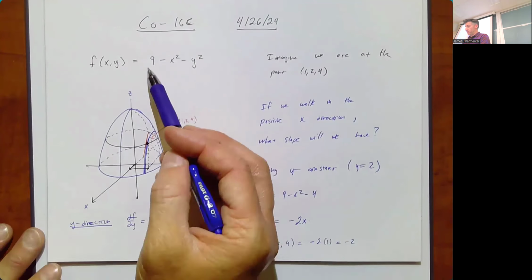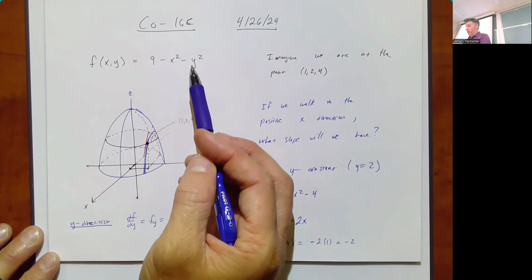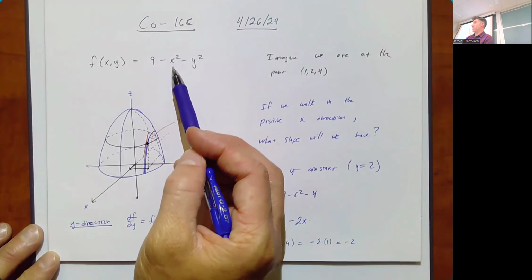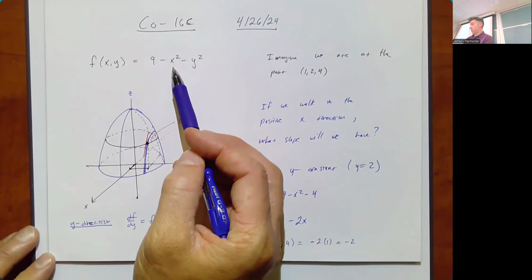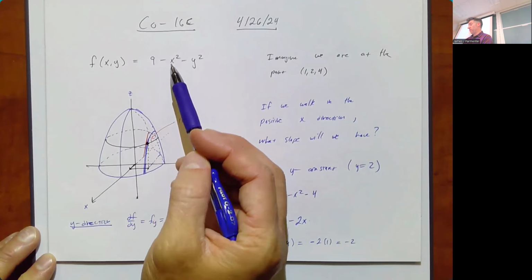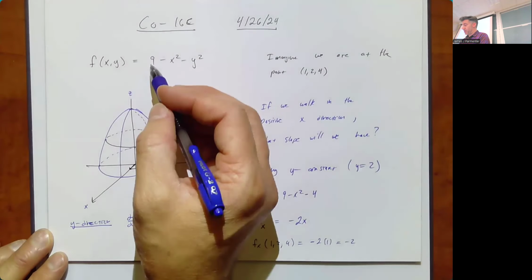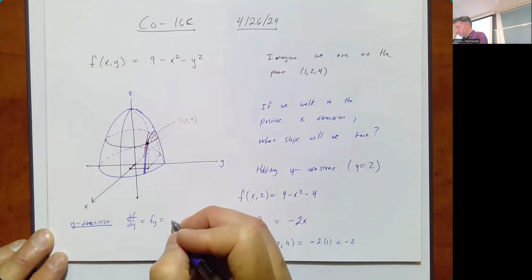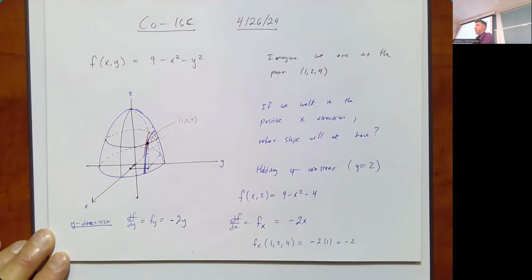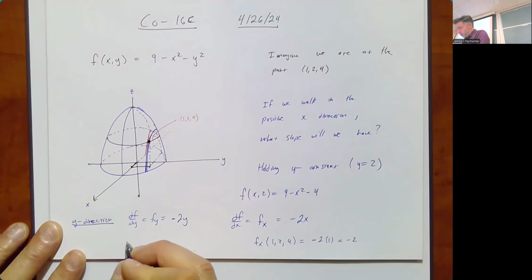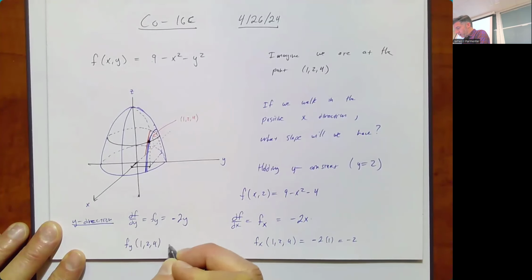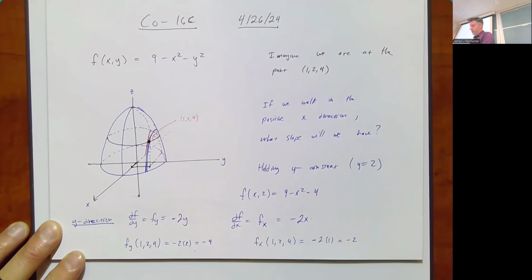If I look at this function and say, okay, x is acting like a constant now, we're holding x constant, so whatever x happens to be, the derivative of x squared is going to be 0. So the derivative with respect to y is going to be 0 minus 2y. And if we plug in the same point, f_y evaluated at (1, 2, 4) is going to be negative 2 times 2, which is negative 4.